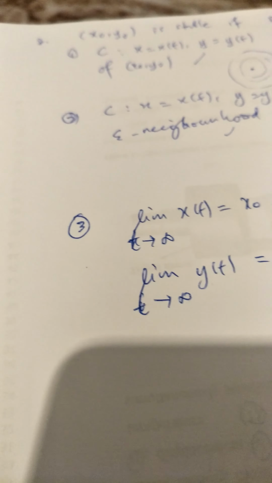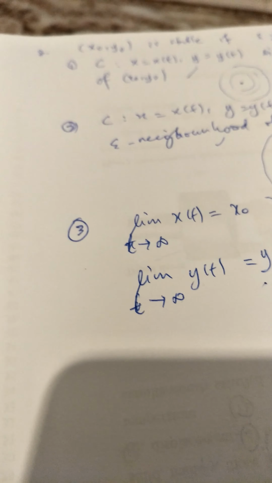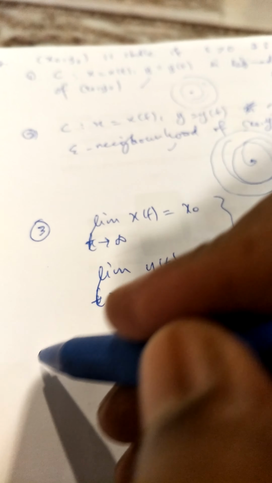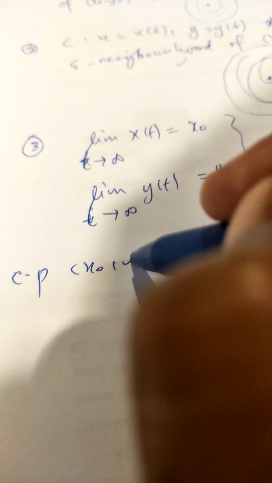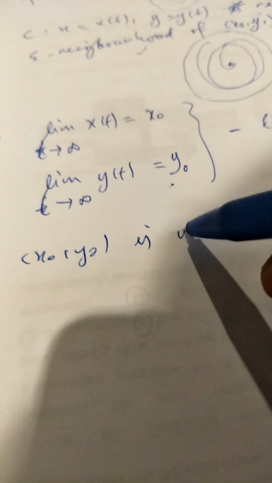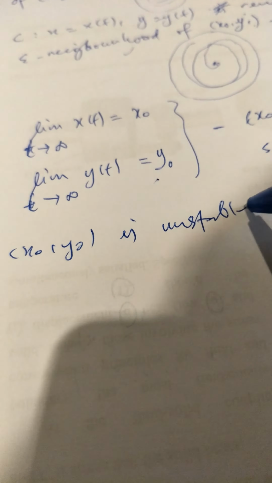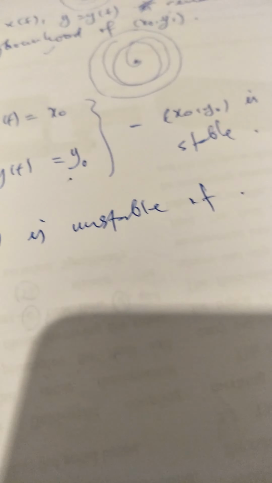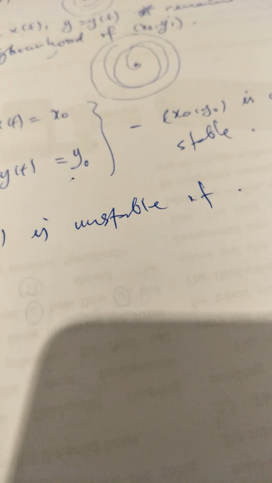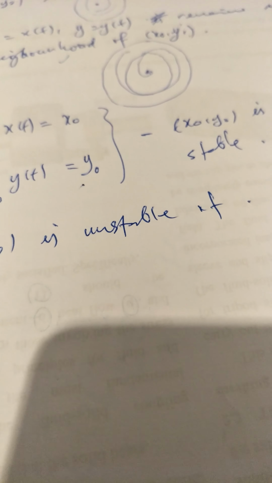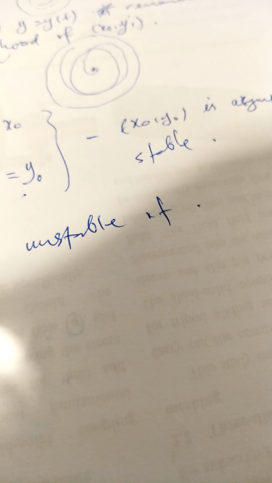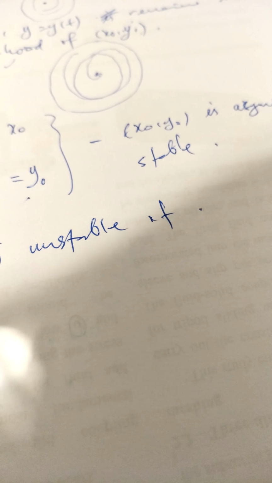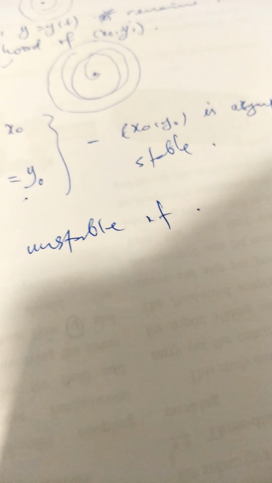And then we say the critical point is unstable. The critical point x0, y0 is unstable if the trajectory is defined in the delta neighborhood but remains outside the epsilon neighborhood.